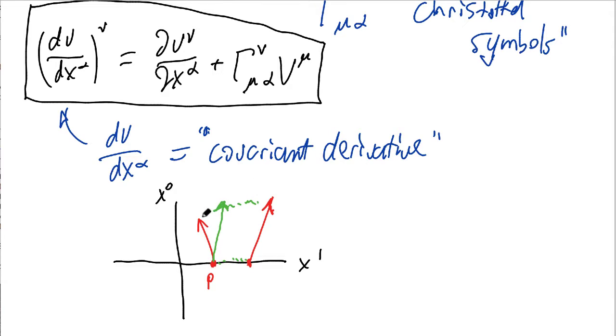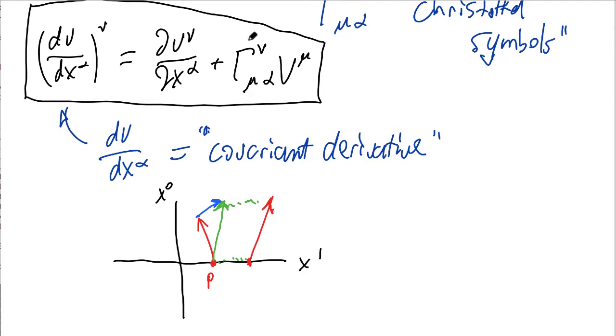And in elementary physics, we would draw that difference vector as a little arrow from tip to tip of these two vectors. So what this is, with the nu, is the components of this little blue vector at the point P. And you can see that in a general curved space or space-time, the components of this difference vector are given by just the derivatives of the components of the vector field plus another term involving these Christoffel symbols.